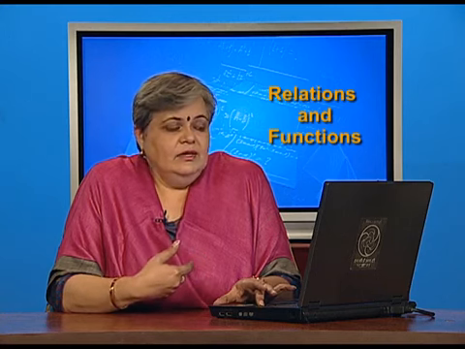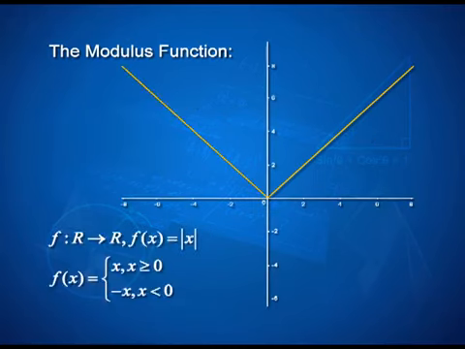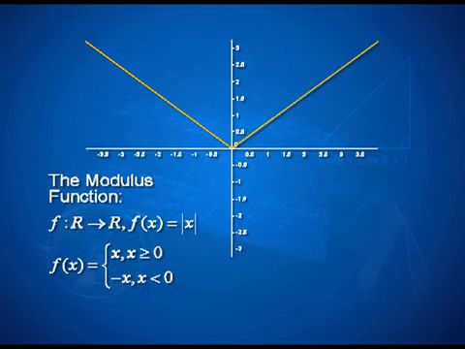With that in mind, if I plot the first part of this function, that is when x is greater than or equal to 0, I get a line again diagonally inclined at 45-degree angle with the x axis. Negative x will be the line in the second quadrant. Put together, the two constitute the graph of f(x) is equal to modulus x. So, now from the graph, let us see if you can decide what the domain is.